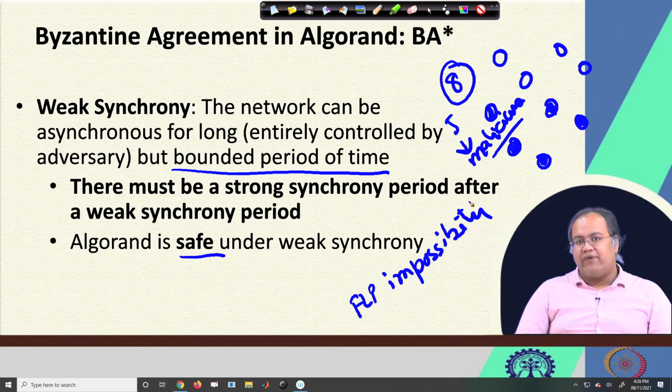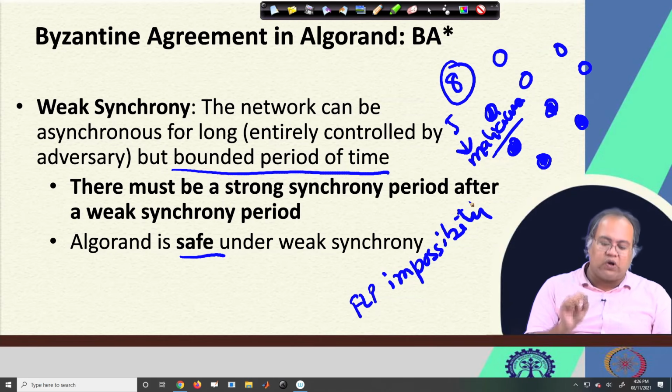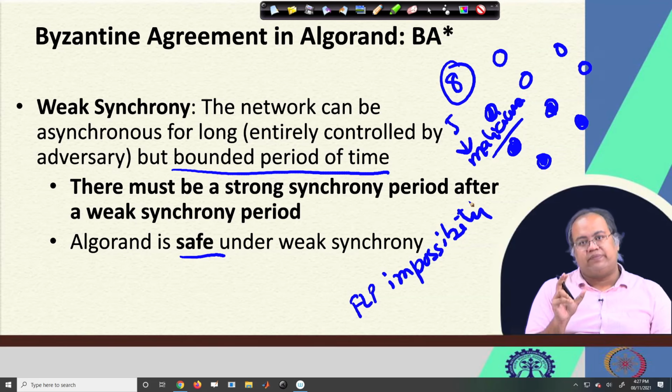But here we see that we are not assuming a strong asynchronous system for long. What we are saying is that an asynchronous system can exist for a bounded period of time. For that bounded period, the network can be controlled by malicious users, but after that bounded period I will have a strong synchronous environment.